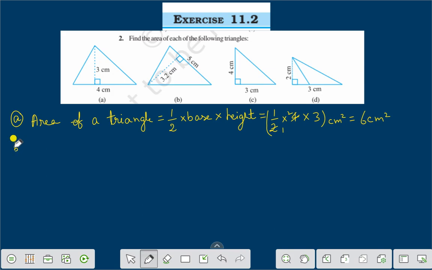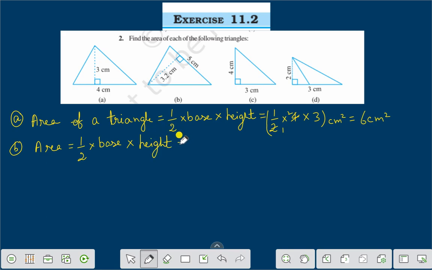Area of this triangle is equal to again half base into height.